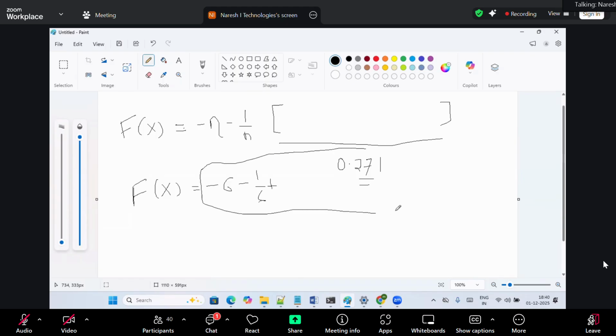So what is the value you are getting here? Can you tell me the approximate value? Minus 6 minus 1 by 6 plus 0.271.